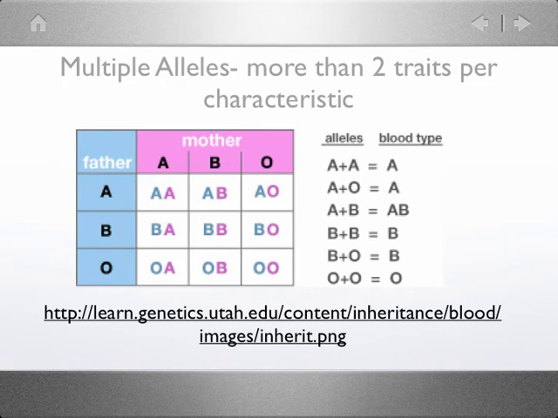And so phenotypically, the blood types are what you see phenotypically. So over by blood type, I want you to write down phenotype. And then the alleles are showing the genotype. And so there are a lot of different blood types that you can have genotypically, but phenotypically, you can only be A, AB, B, or O.